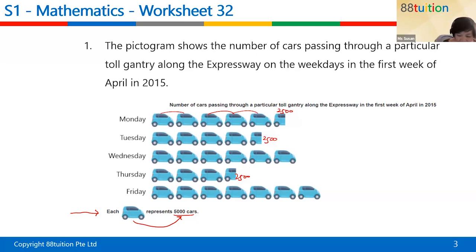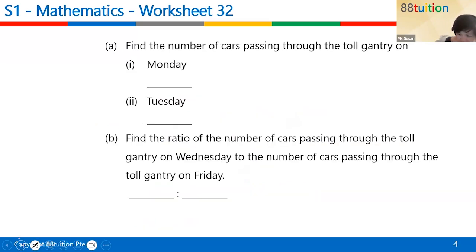So let's take a look at Monday. 10, 20, 25 plus 2,500. So this one will be 27,500. Then for Tuesday, it will be 10, 20, 22,500. Okay, so what did the question ask for part A?